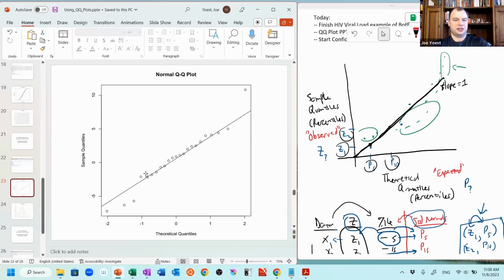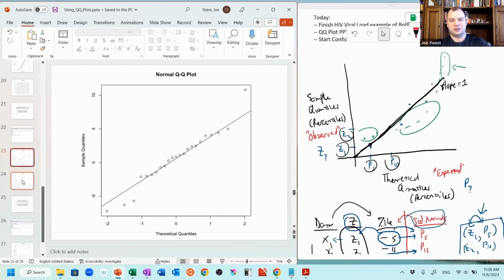If I look at the majority of the data, they bounce between being above and a little bit below. On the top right here, I only have one data point that's above the line, and it doesn't seem to be that far above the line. It doesn't seem to be so far out of line with everything else. Again, I'd probably be fine with calling this normally distributed.